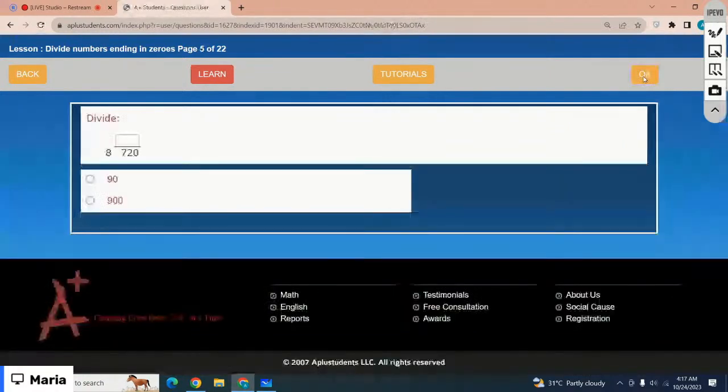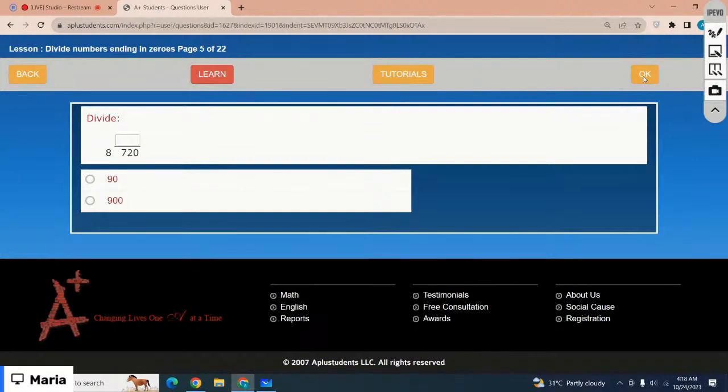Okay, now you have to divide 720 by 8, right? Let's just divide without 0. Without 0, that would be just 72. 8 times what number is 72? 8 times 9 is 72, right?